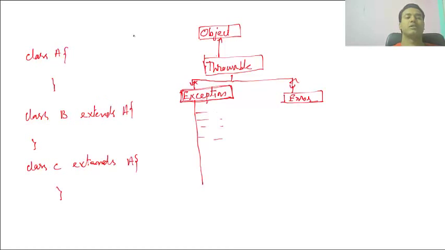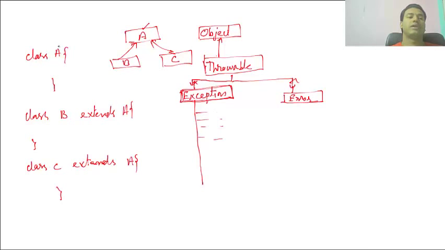Then what will be the class hierarchy for this? This is class A, and A has two subclasses, one is B and one is C. This we discussed in the inheritance topic. You can go there and check the inheritance topic before coming to this if it is not clear.